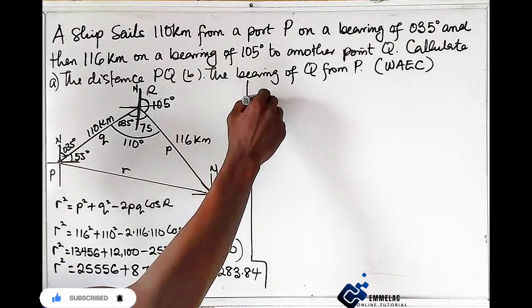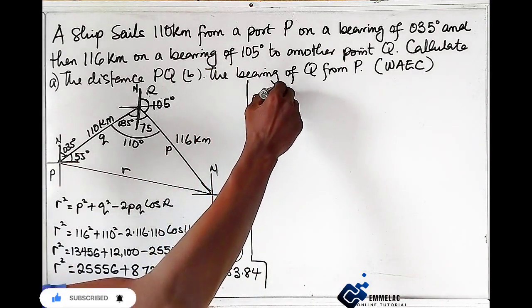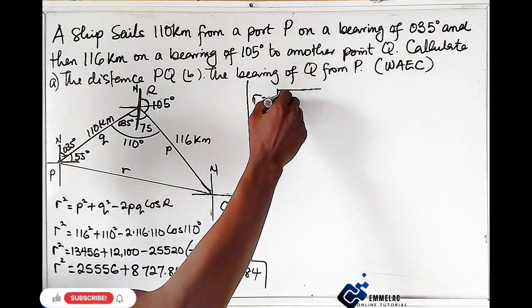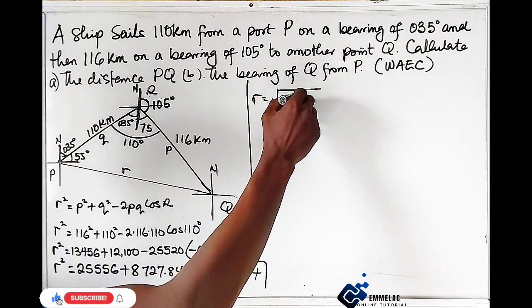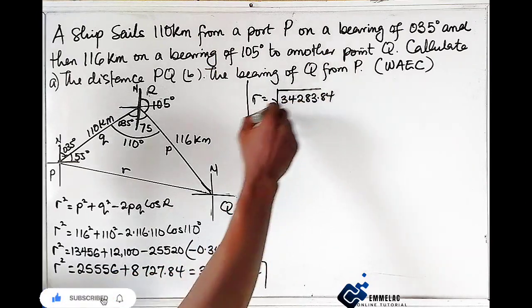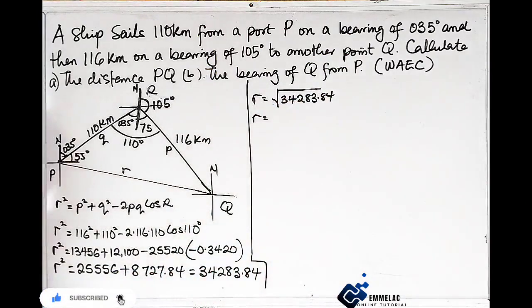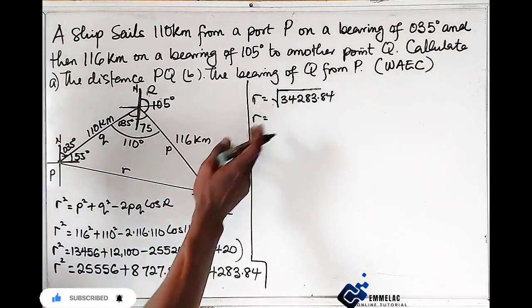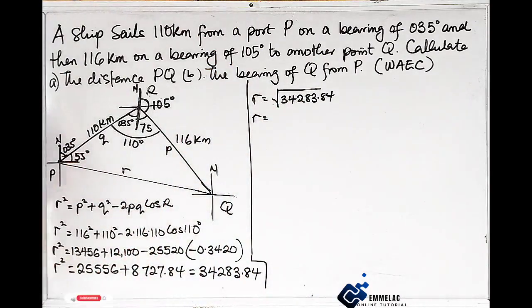Now our r will be the square root of 34,283.84. I refuse to include the positive-negative here because length cannot be negative.